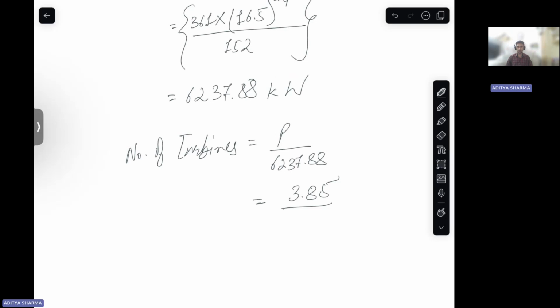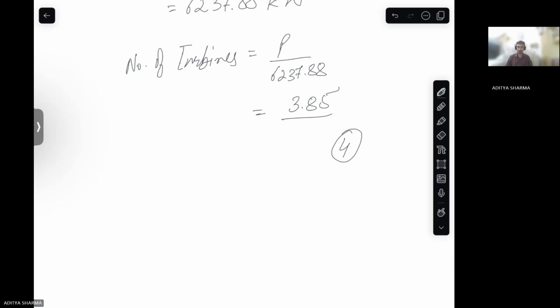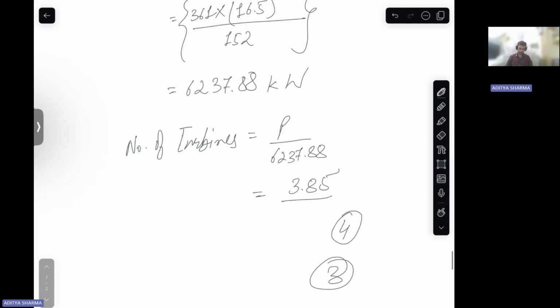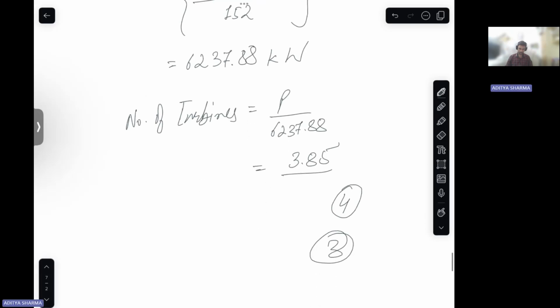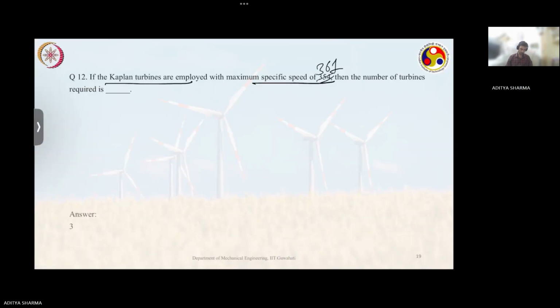So based on discharge, if we take 4, that will exceed the power developed based on discharge. And if we keep 3 turbines, it will be within that discharge limit. Okay, so this was question number 12.